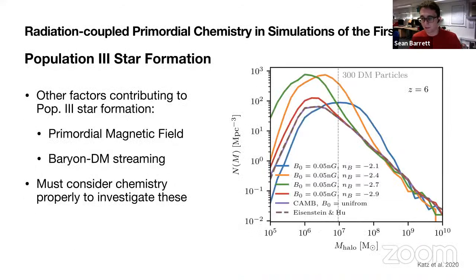If there's an enhancement of, say, look at the blue line at masses between 10 to the 7 and 10 to the 8, if there's such a large enhancement at that mass range, there should be a non-trivial effect on objects in that mass range. And similarly for the baryon dark matter streaming, there's a mass where the effect is quite large, I believe. But we'll see this in the results, hopefully.